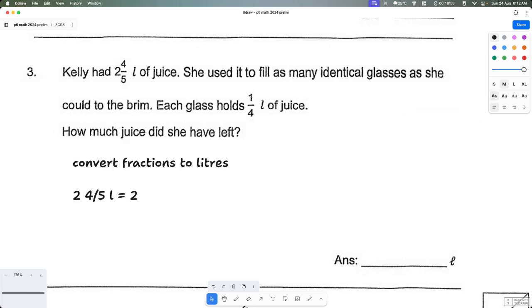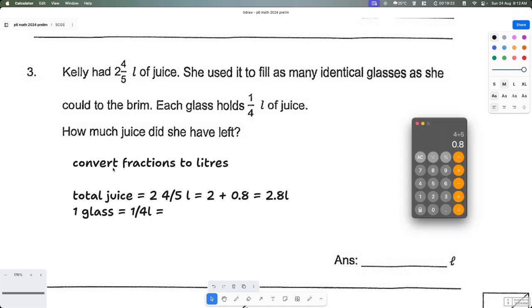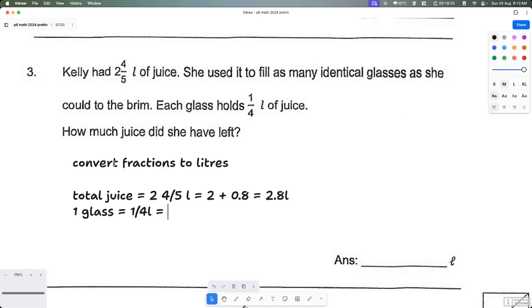So 2 plus 0.8 is 2.8 liters. This is the total juice, 2.8 liters. Then 1 glass is equal to 1/4 liter, which is 1 divided by 4, 0.25 liters.